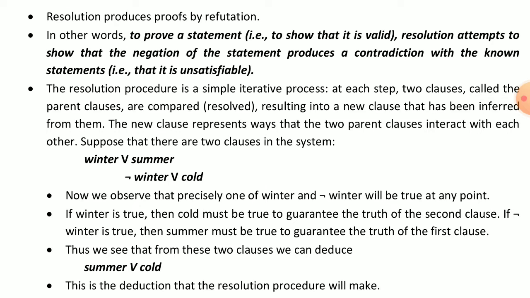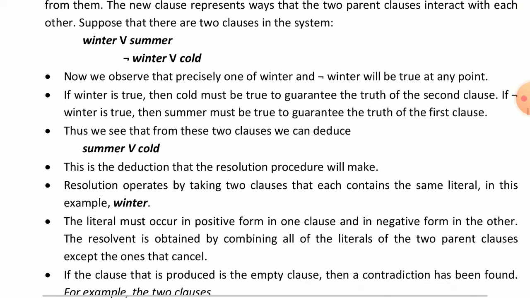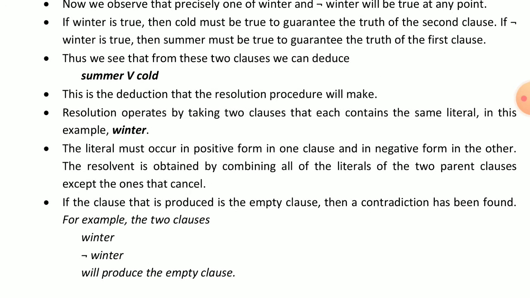Winter is not present, so the next is summer. So not winter means summer in the first clause. Thus we see that from these two clauses we can deduce summer or cold.